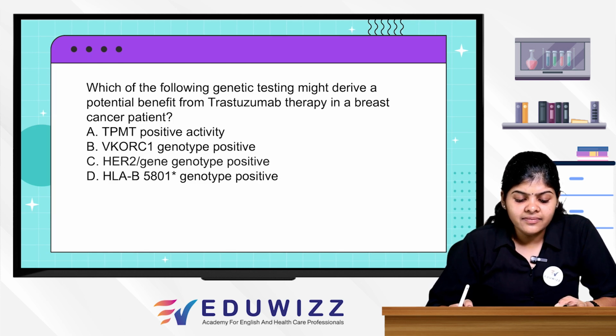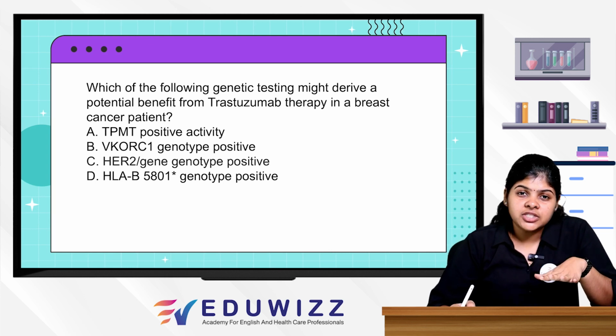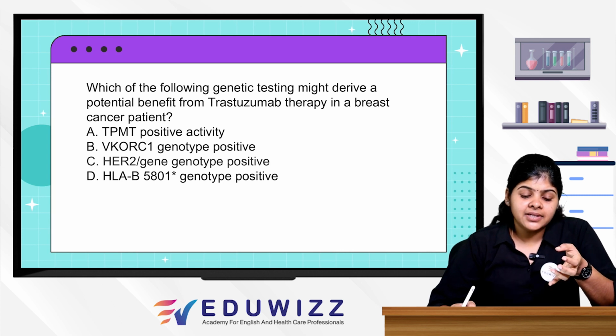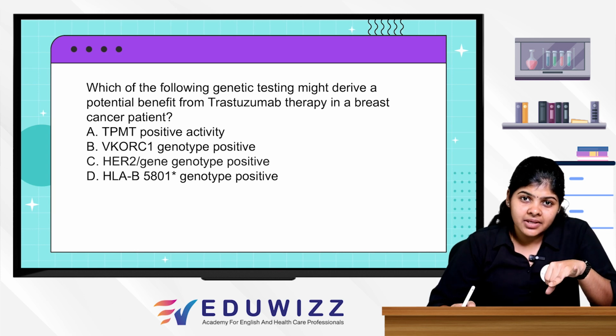And next question: which of the following genetic tests might show a potential benefit from trastuzumab therapy in a breast cancer patient? Mainly in breast cancer patients, there are three receptors: HER2, that is human epidermal growth factor receptor 2, the estrogen receptor, and the progesterone receptor.